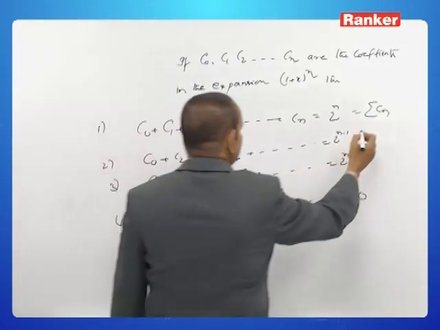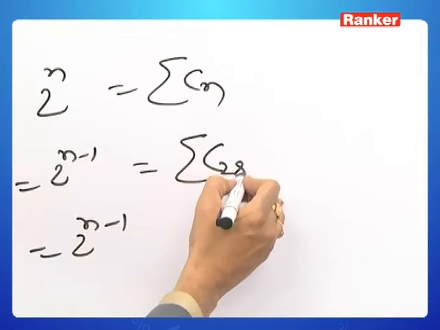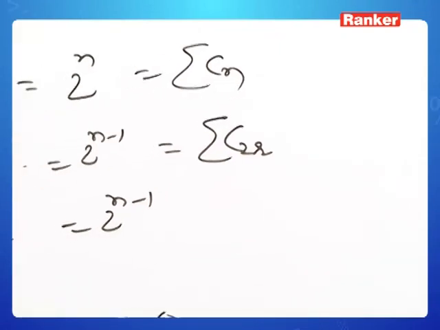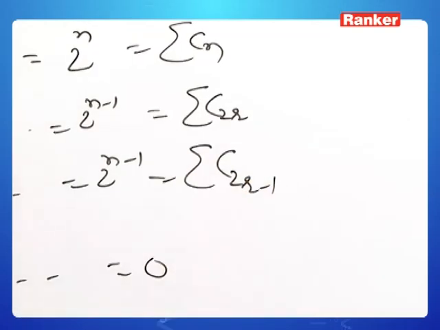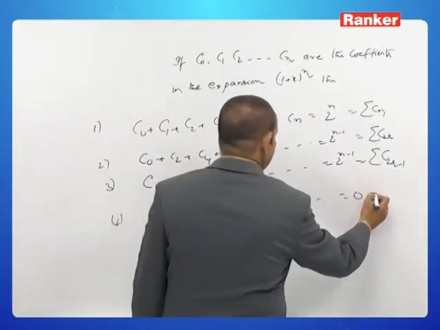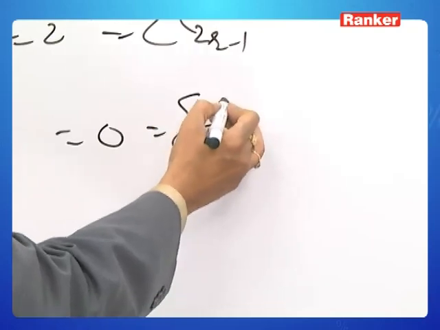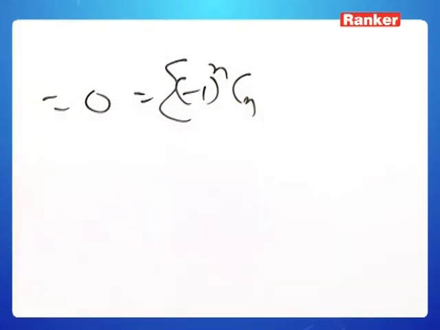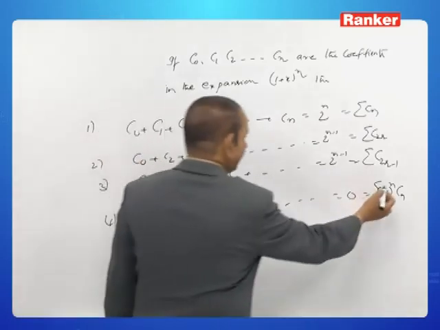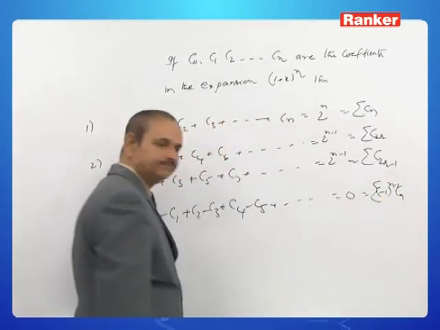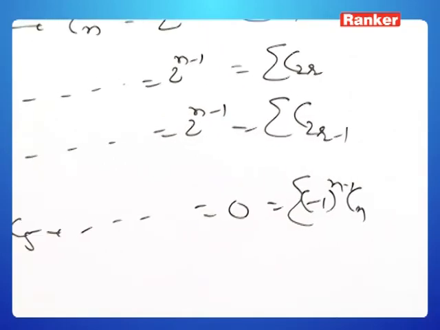This can be represented as sigma C2r. This can of course be sigma C2r minus 1. This can be sigma of minus 1 whole power n into Cn, which is again 0, or even whole power n minus 1. Both are correct, of course.